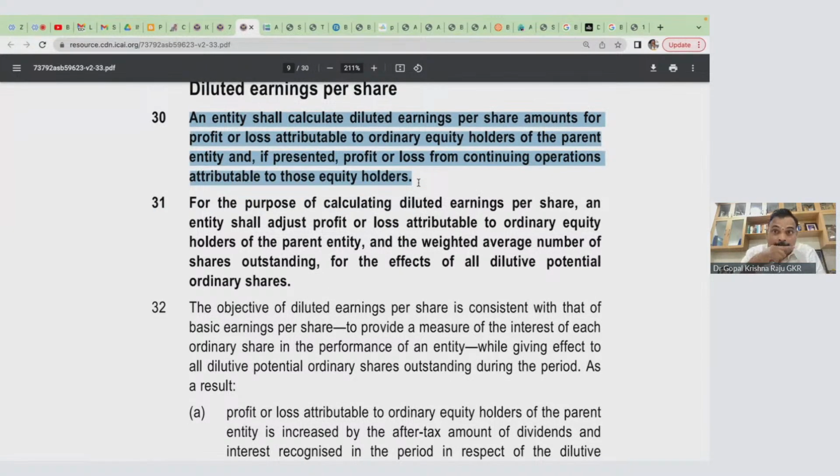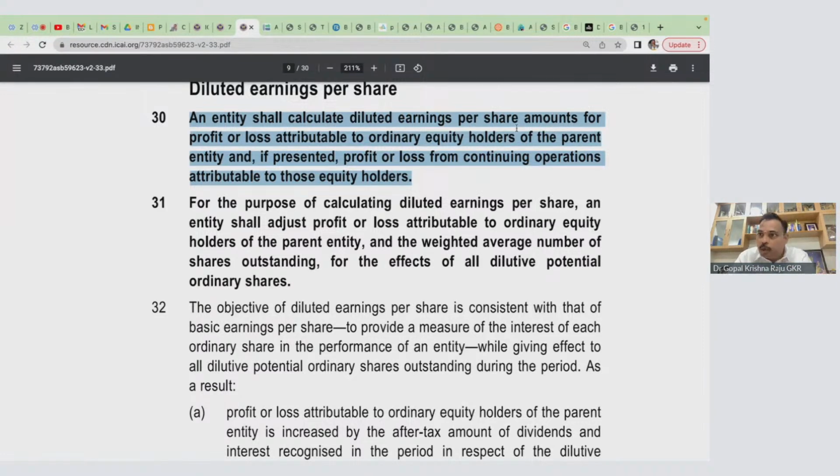Yesterday we were discussing continuing operations and discontinued operations under a separate standard, especially the held for sale. The property, plant, and equipment when it is held for sale. So what to do? Asset that has been retired from active use and the discontinued operation. So we understood that part.